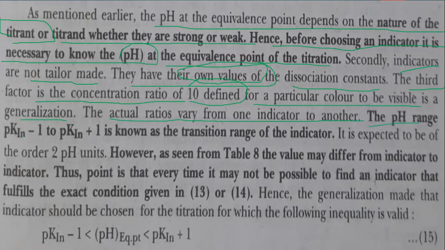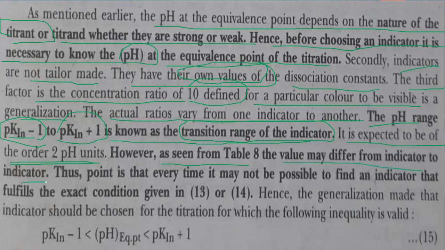The pH range, pKin -1 to pKin +1 is known as a transition range of indicator. Transition range of indicator. It is expected to be of the order 2 pH unit. Okay. However, from above table, we are getting the information that the value may differ from indicator to indicator.